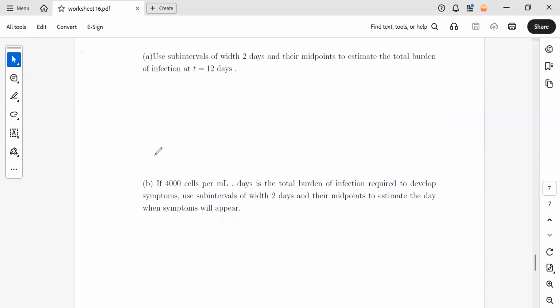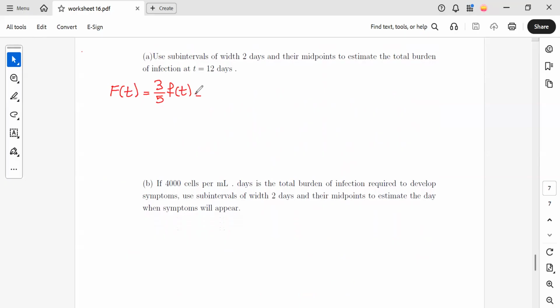Part A, let's say we have f of t, which is 3 over 5 f of t, according to the question, the previous page.